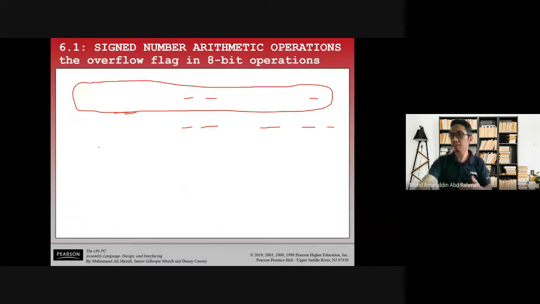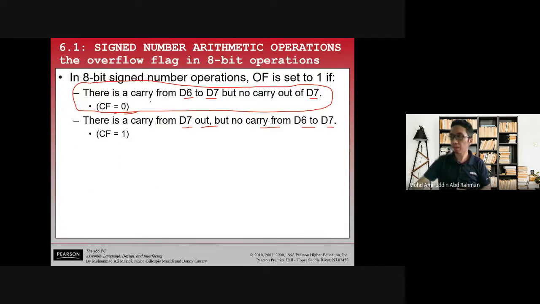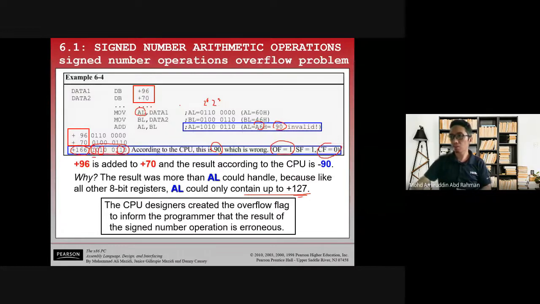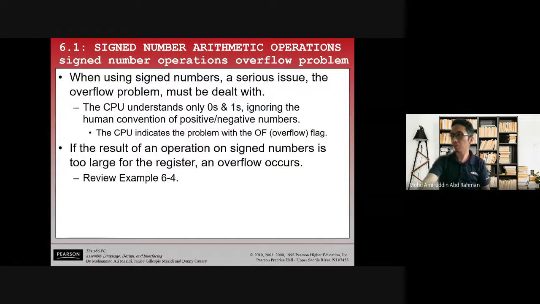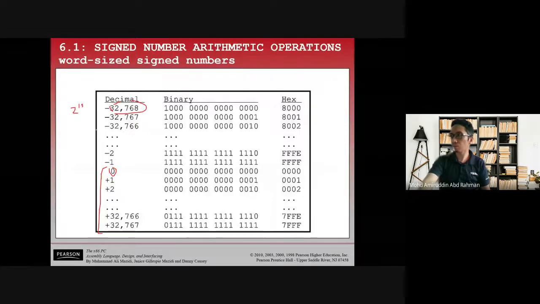But there is a carry from D6 to D7, meaning that from here, it needs to be carried out from here to there.